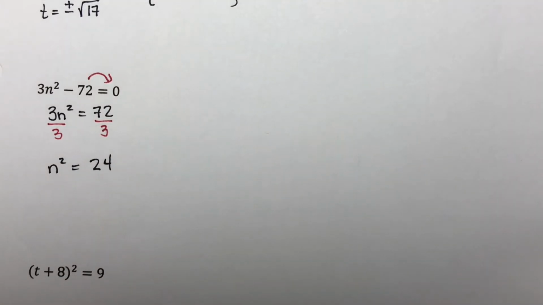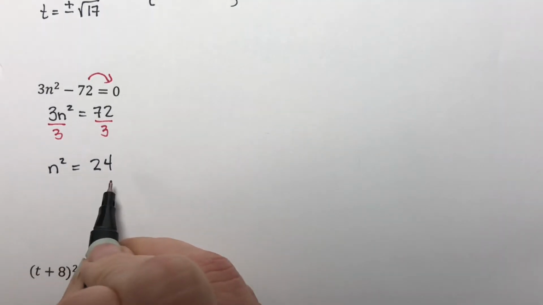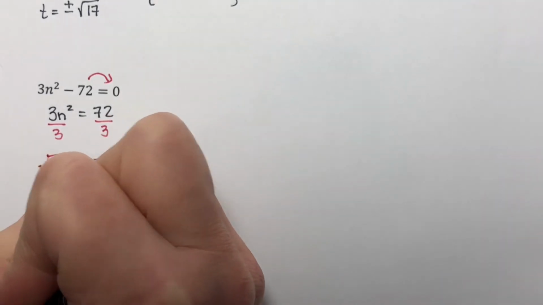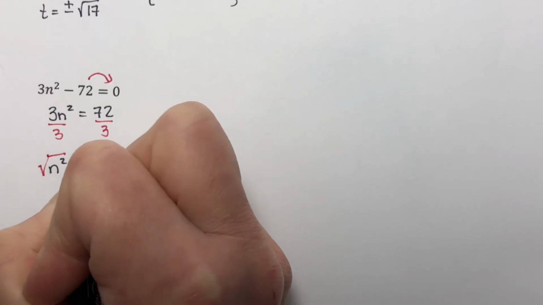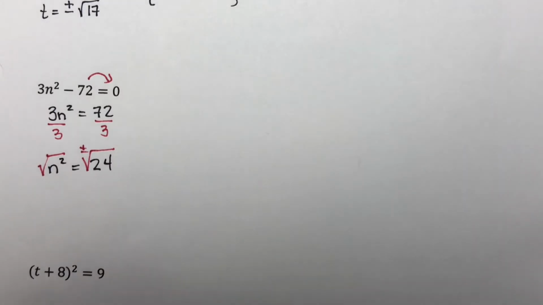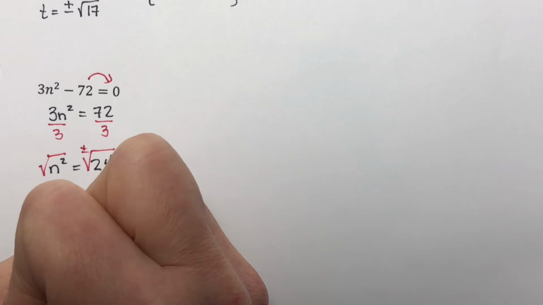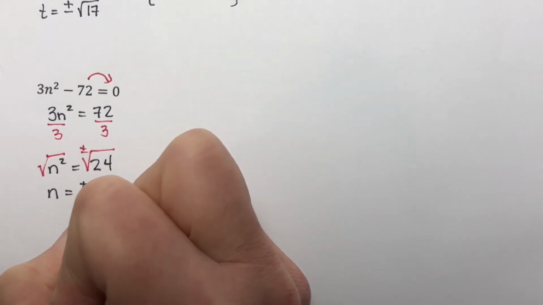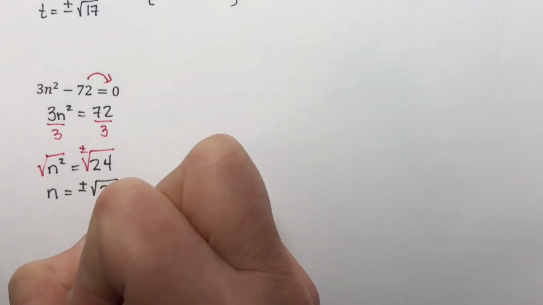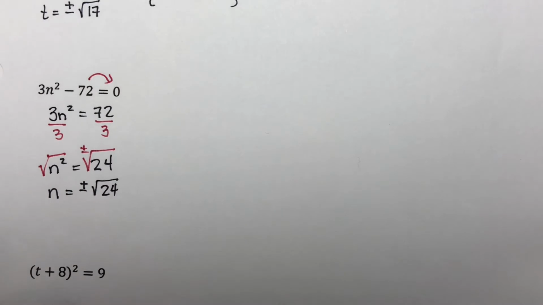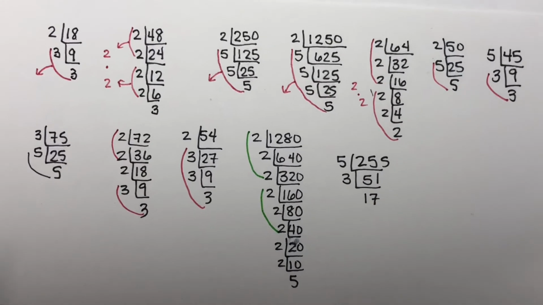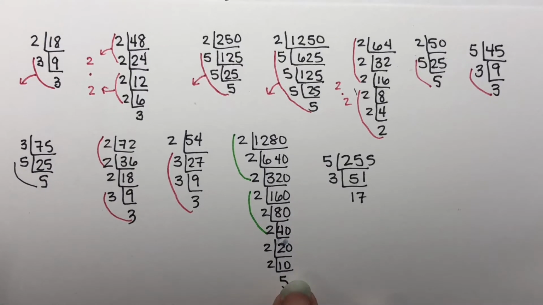Okay, now we can take the square root of both sides because I have something squared equal to a number. And when I do that, I put in a plus or minus sign right here. So I have n is equal to plus or minus the square root of 24. Now, we should probably be able to simplify the square root of 24, and this is the same prime factorization sheet we've been using all along.